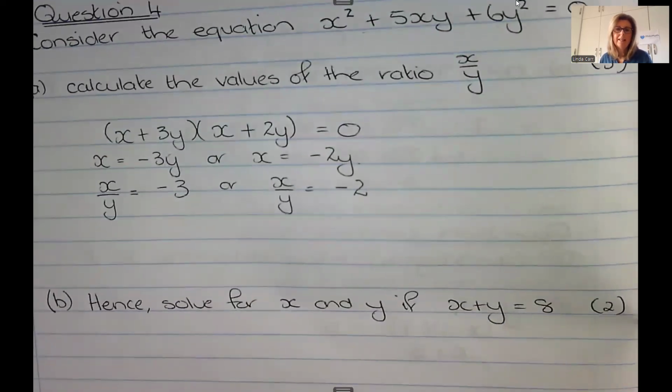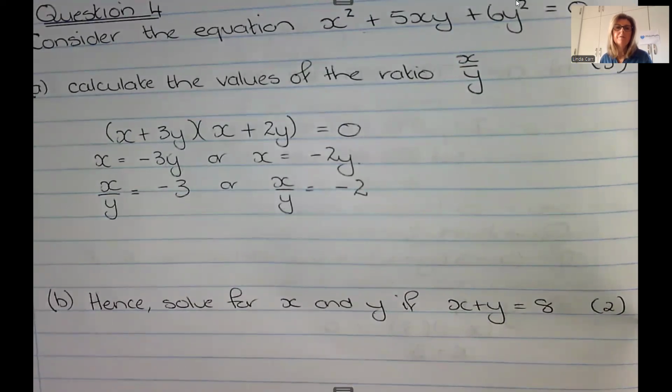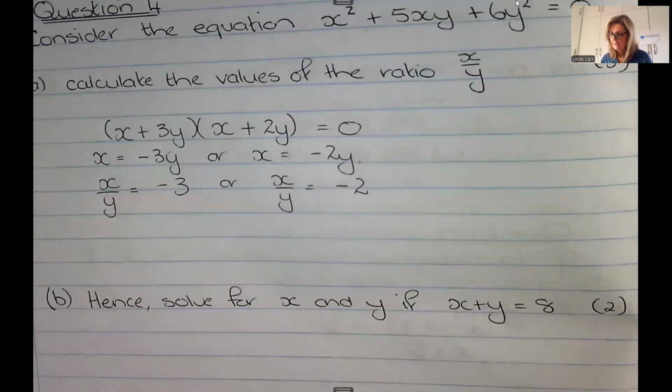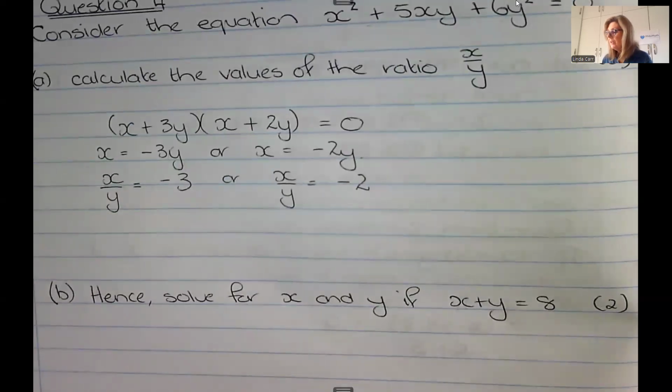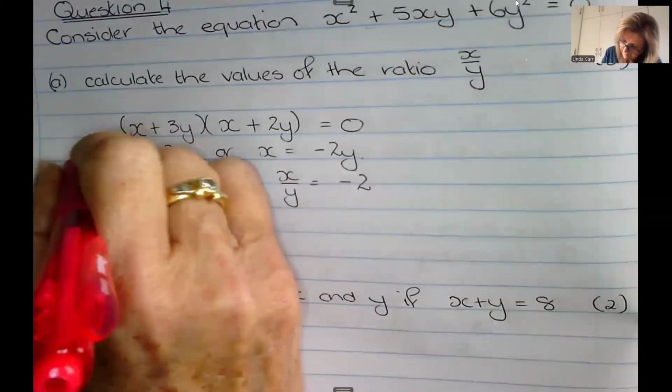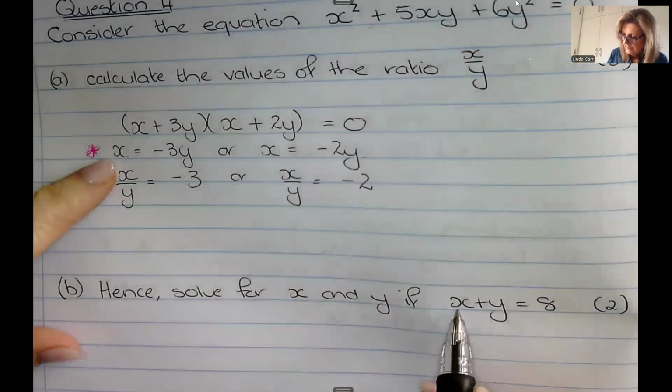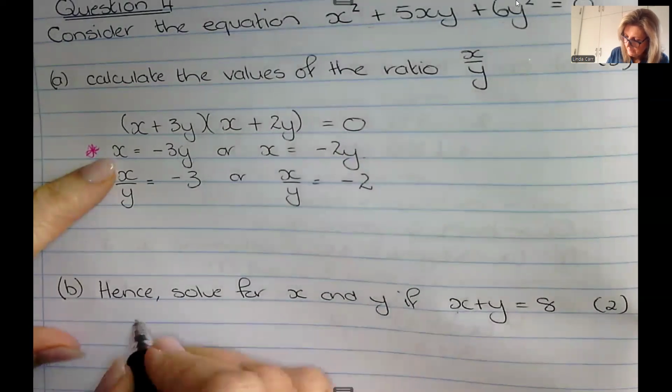Then it goes on with a hence. Hence solve for x and y if x plus y is equal to 8. Okay, so now possibly your ratio is less helpful. I think it's better to go back to this step and then we can substitute. So instead of x, I'm going to put minus 3y.